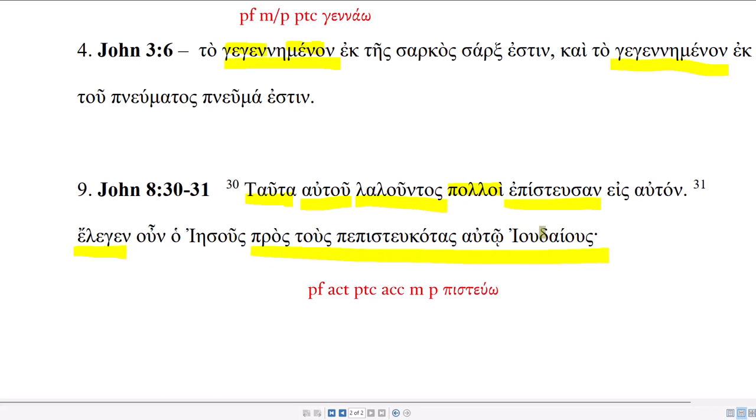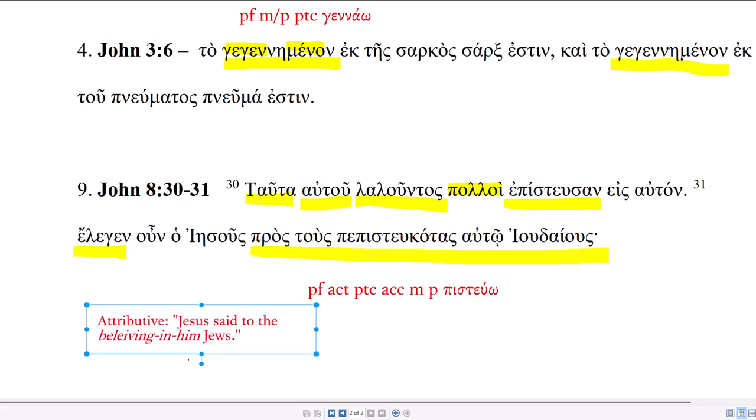Jesus is talking to the Jews who believed in him. Or I guess we would say who have believed in him. It's this perfect participle. So this participle seems to be relating to Jews. We could look at it attributively, and the somewhat wooden sense would be Jesus said to the believing in him Jews, which is awkward, but kind of gets the point across.